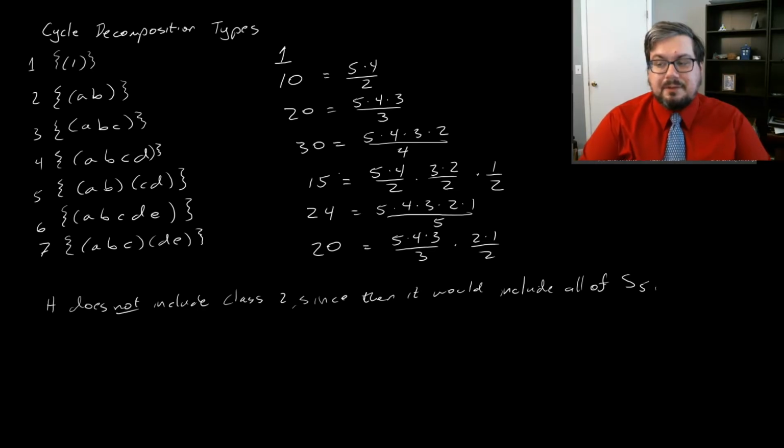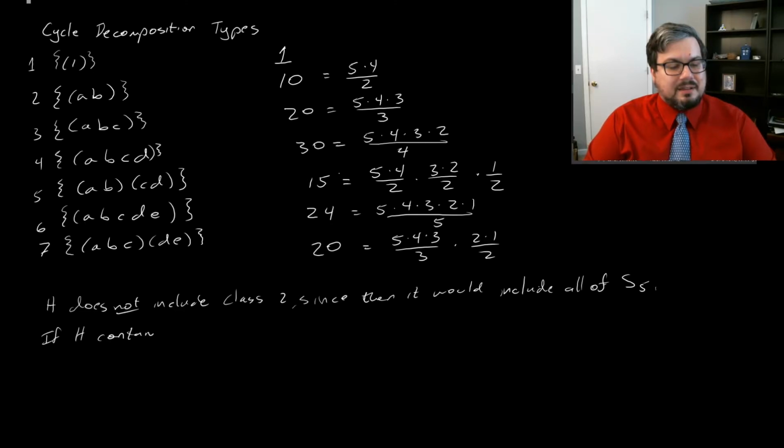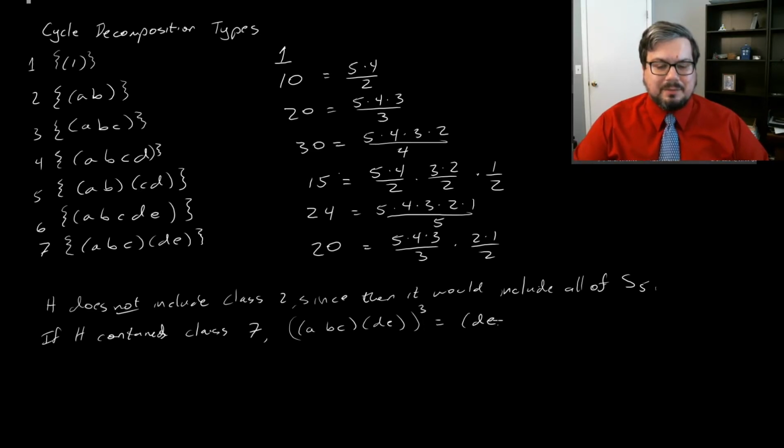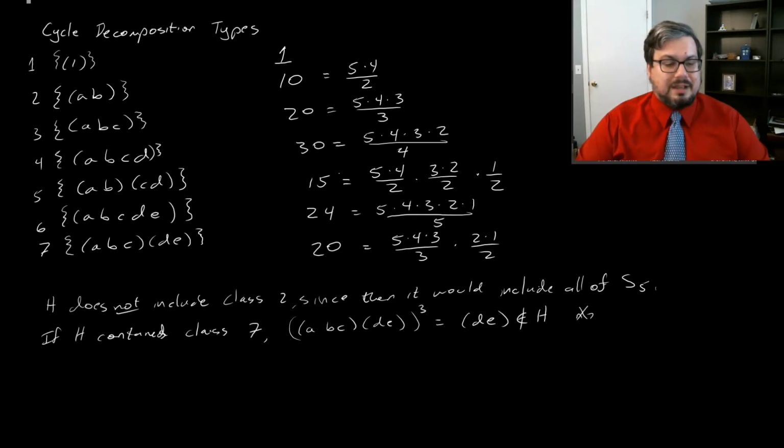Let's see. If H contained class 7, then we could take any element ABC times DE and cube it. That would have to also be an element of H, but that would be DE. And DE does not belong to H, so H can't include class 7.